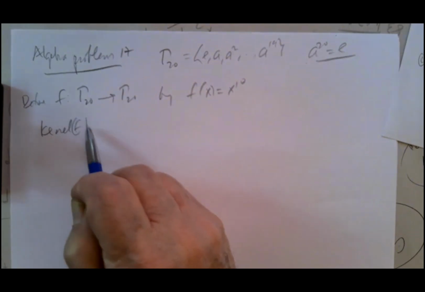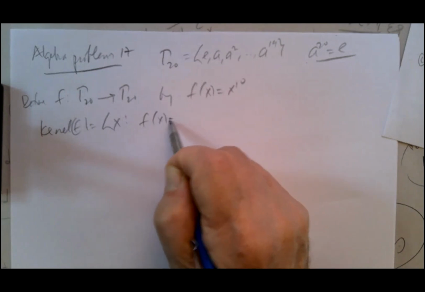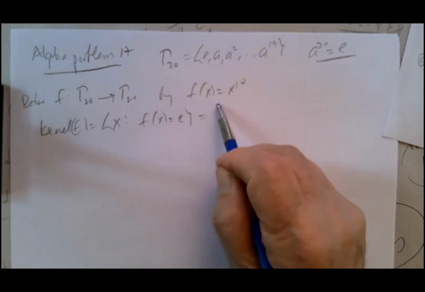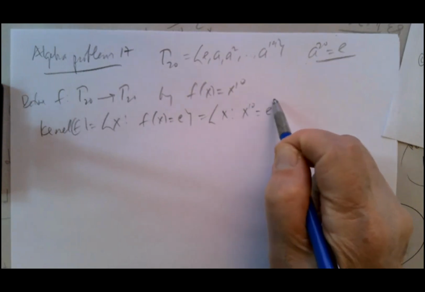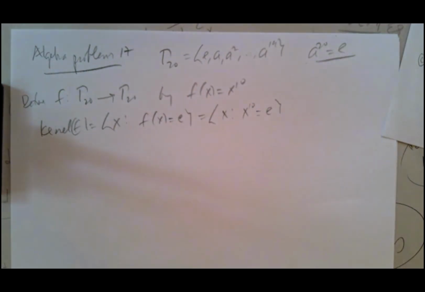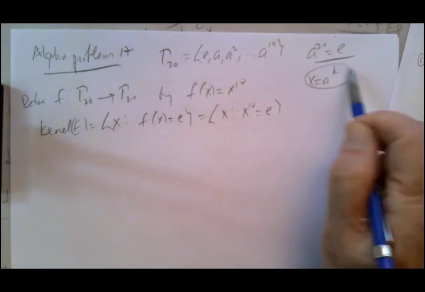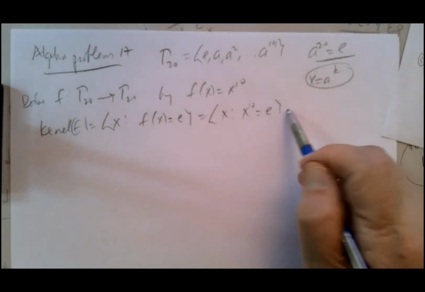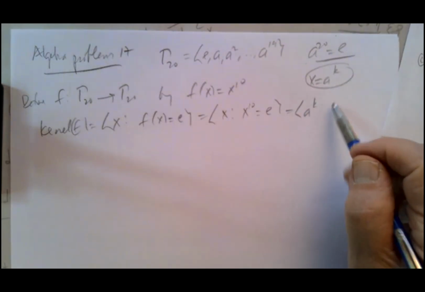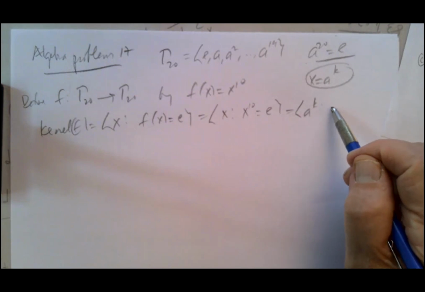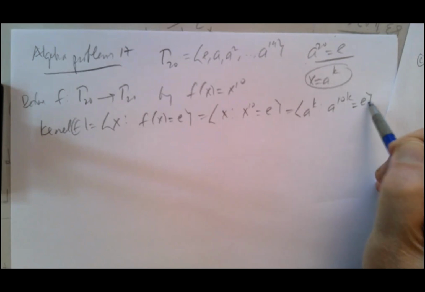So the kernel of f, this is all x such that f of x is the identity, which means all x such that x to the 10th is the identity. But the elements of this group are just powers of a. So this is all a to the k where a to the 10k is the identity.